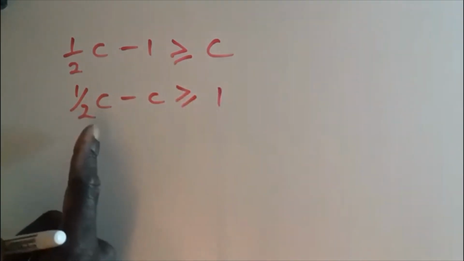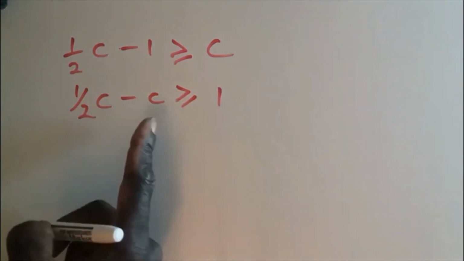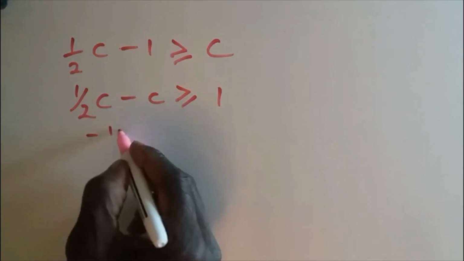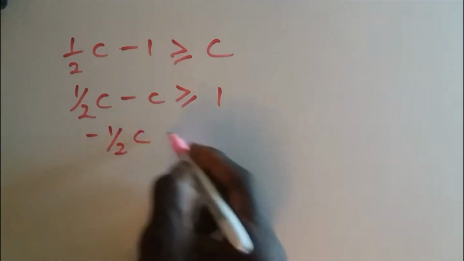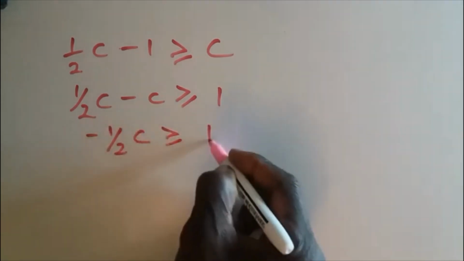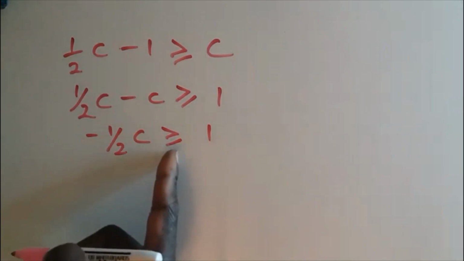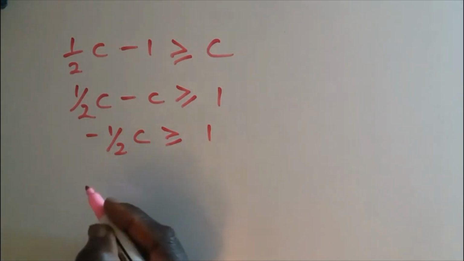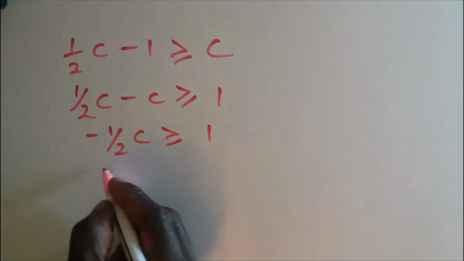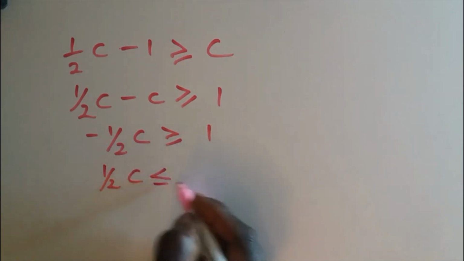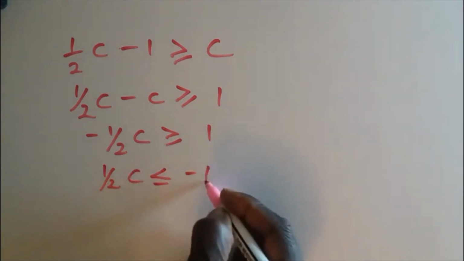So we have a half c minus c will give us minus a half c, that's greater than or equal to 1. We multiply both sides by negative 1, we must change the inequality. So we end up with a half c is less than or equal to negative 1.